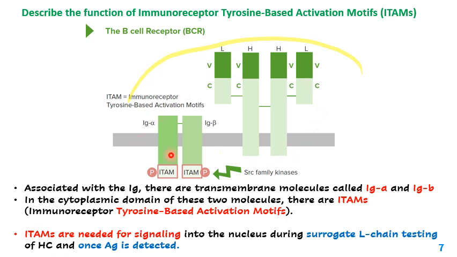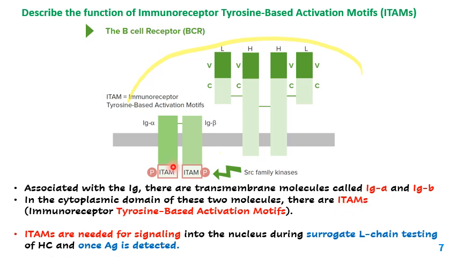Okay, so what happens to this thing here? Because it has a long tail, it has very important places that have these tyrosine activation motifs. The name of these domains is actually immunoreceptor tyrosine based activation motifs. You call them ITAMs.